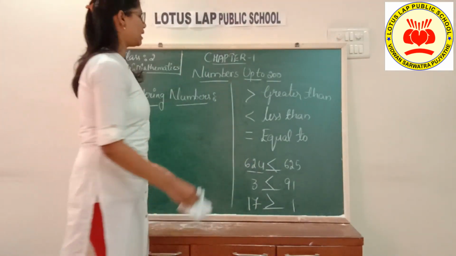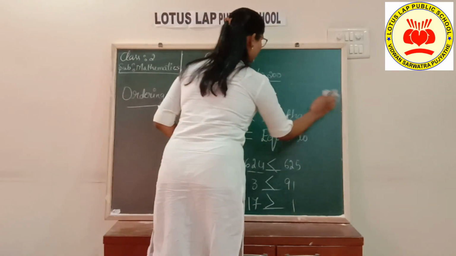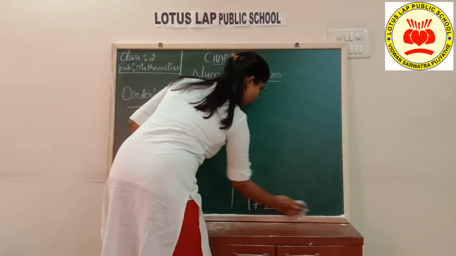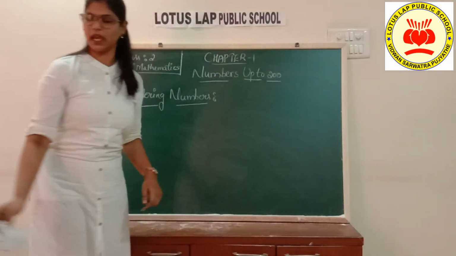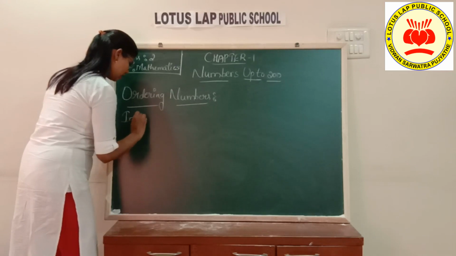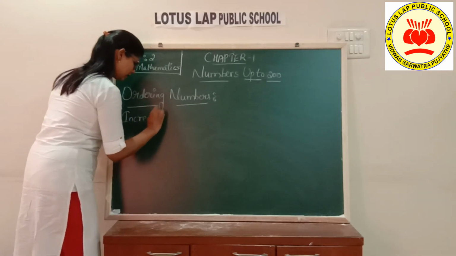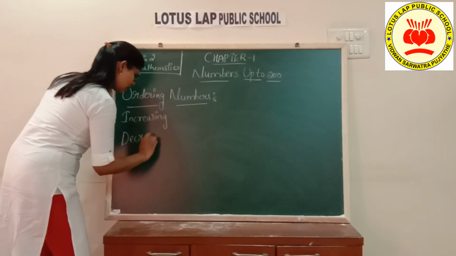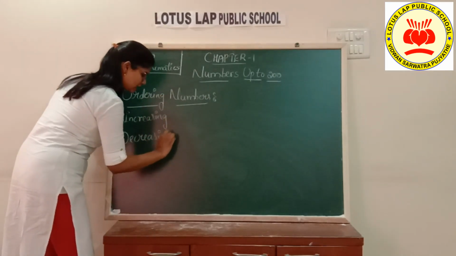Now let us see how to order numbers. Ordering numbers has 2 topics: increasing order and decreasing order. Increasing order is also called ascending order.